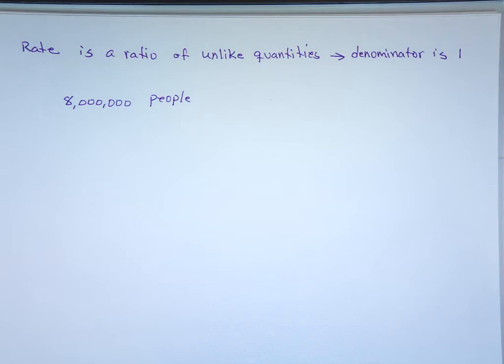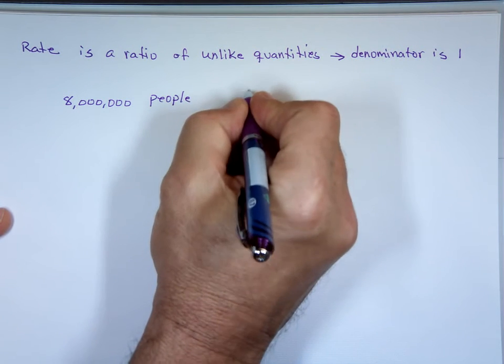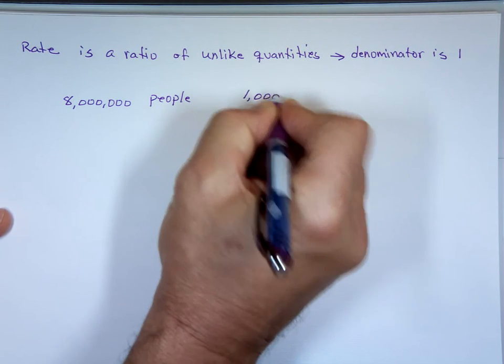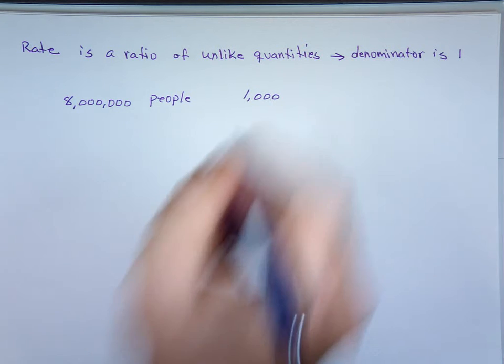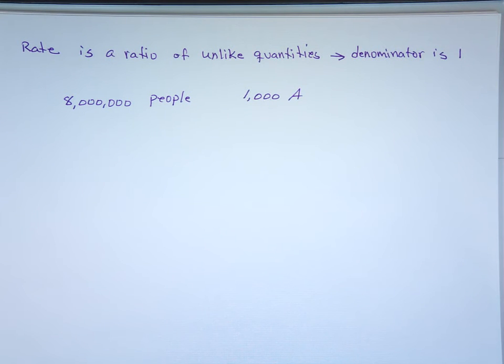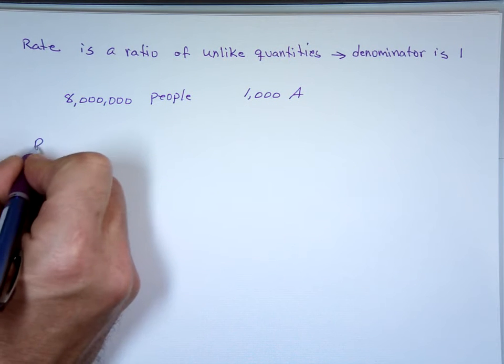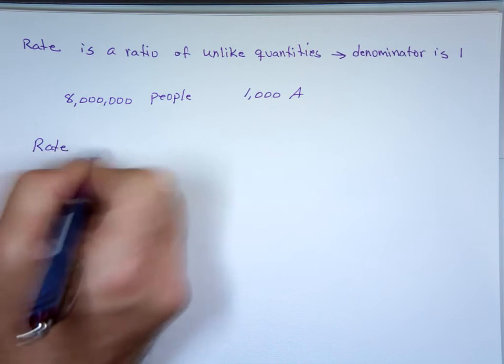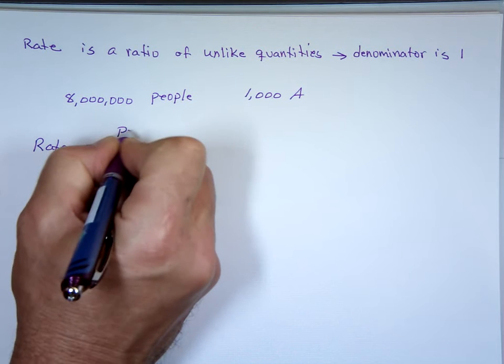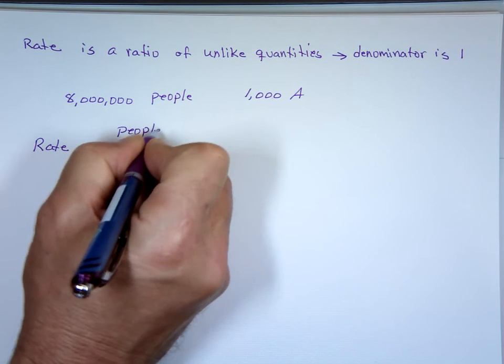Let's say New York City has 1,000 acres of land. What is the rate? Which means what? How many people per acre? So the rate here will be number of people living in 1 acre, because the bottom has to be 1.